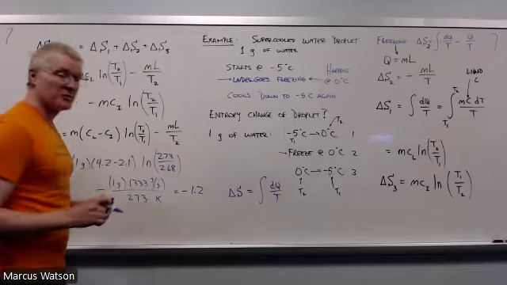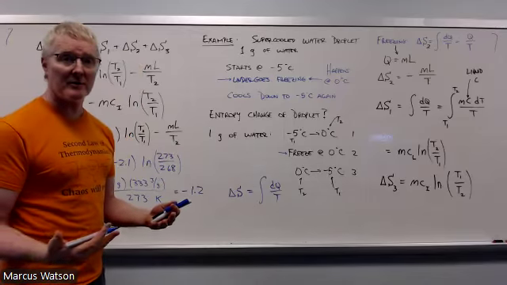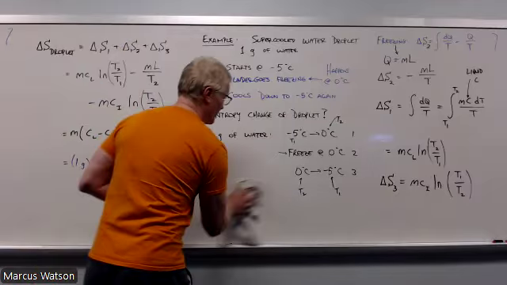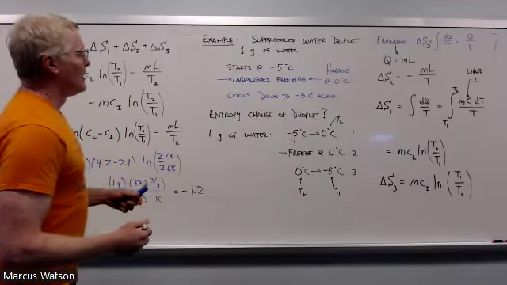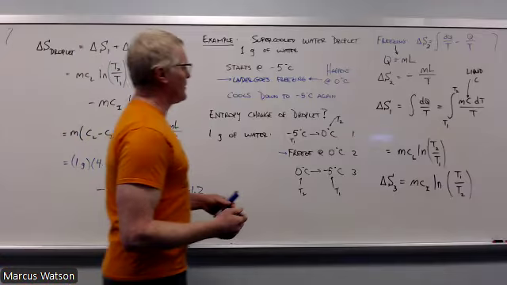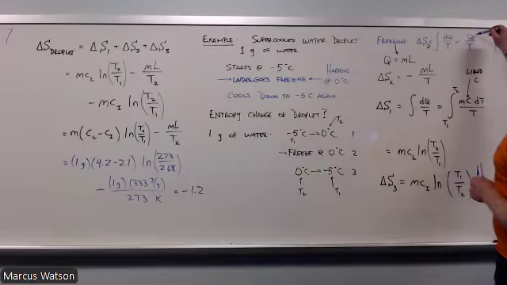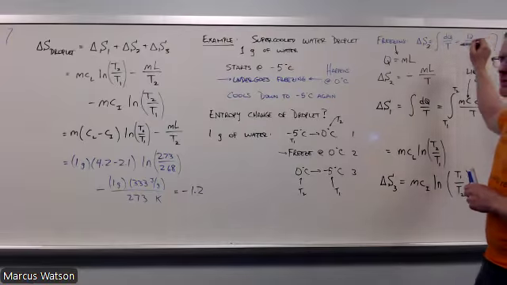And the question here is, well, what units are we talking about here for the entropy change? Well, if you go back to how we defined it, which I just erased, you're going to see that the units of the heat are going to be in joules, the units of the temperature in Kelvin.